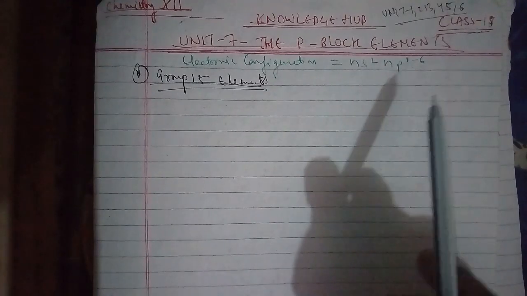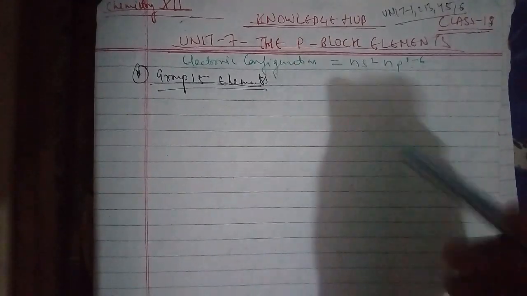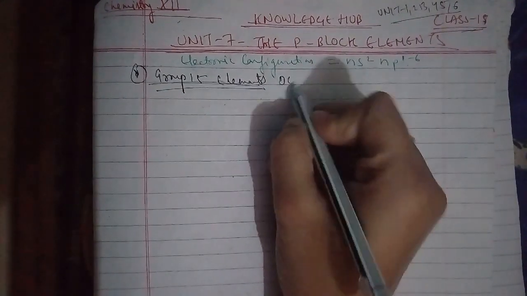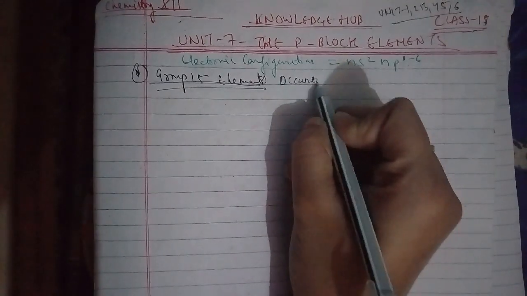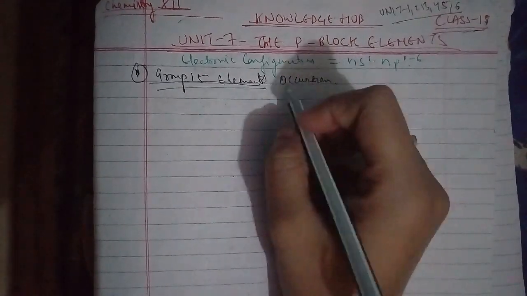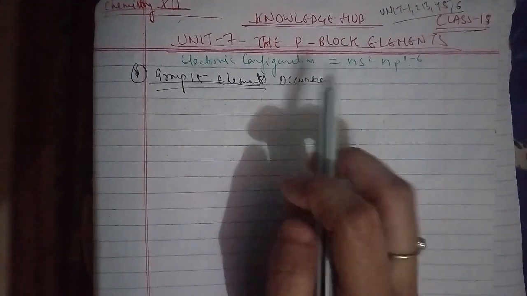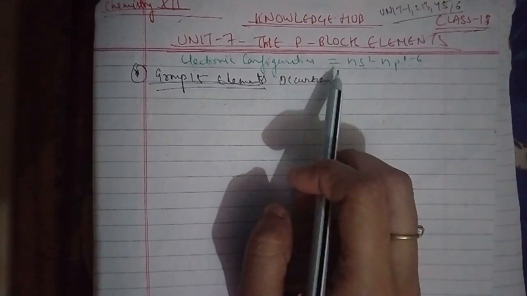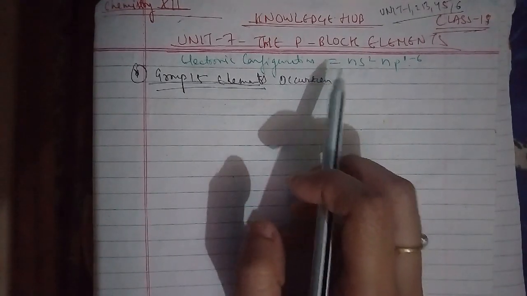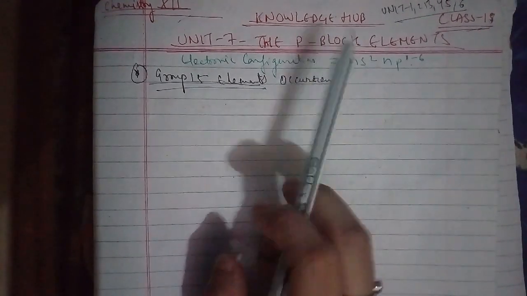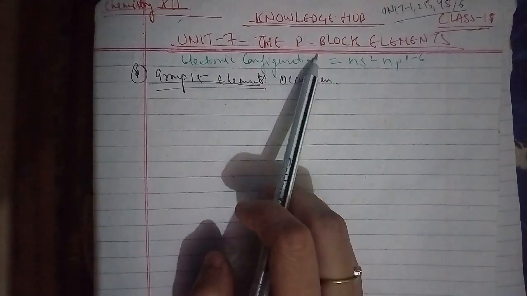Molecular nitrogen comprises 78% by volume of the atmosphere. In the earth's crust it occurs as sodium nitrate, NaNO3, which is called Chile saltpetre, and potassium nitrate, which is known as Indian saltpetre. It is found in the form of proteins in plants and animals.